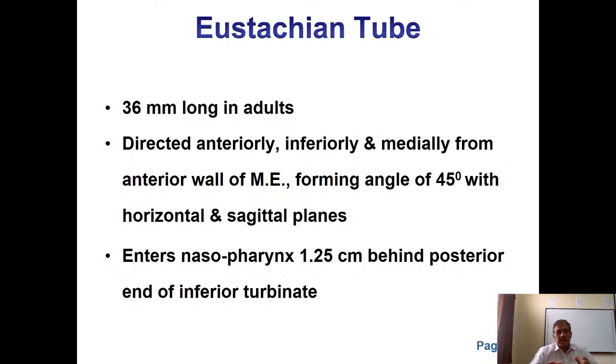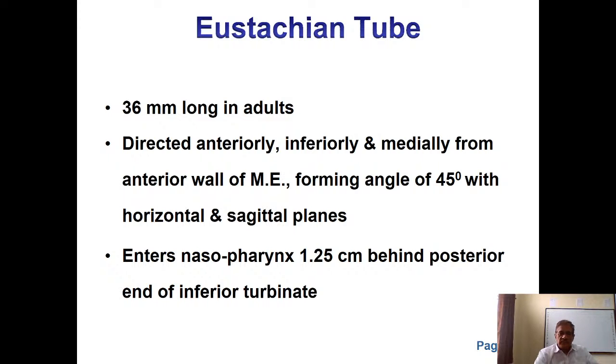The cartilaginous part is the one which forms the inner two-thirds, whereas the outer one-third is formed by the bony part. Now, the Eustachian tube in a child is about 18 millimeters, and there are some changes that do occur in the Eustachian tube from the infant stage to the adult stage.